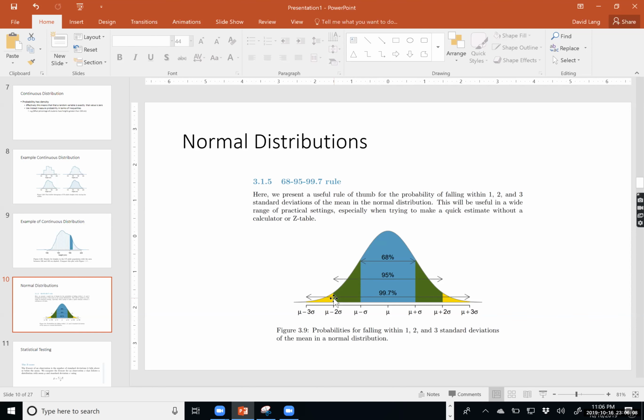So for instance, when we use 2 standard deviations, we cover 95% of the data. And when we use 3, we only cover an additional 4.7%.